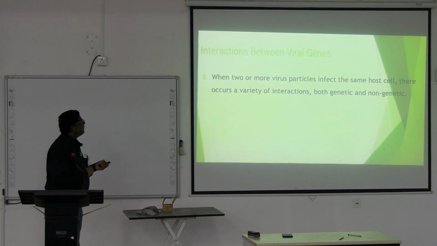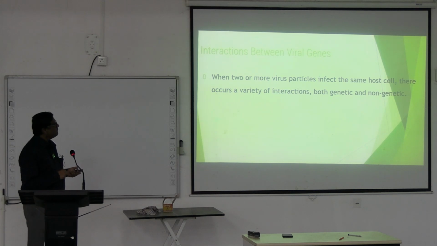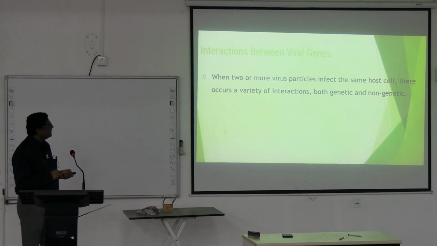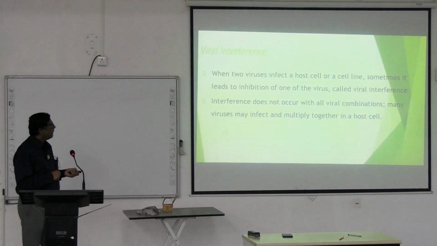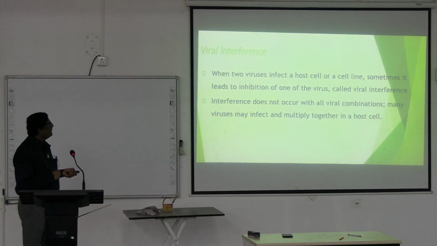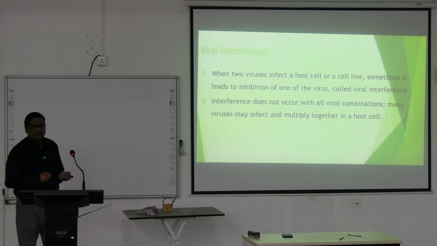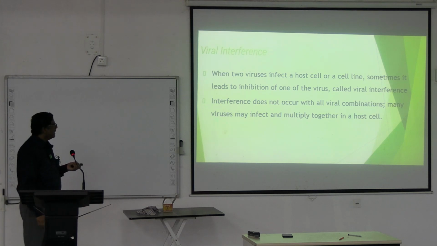So, interactions between viral genes: when two or more virus particles infect the same host cells, that is called viral interactions, genetic and non-genetic. Two concepts: one is viral interference. When two viruses infect a host cell or cell line, it sometimes leads to inhibition of one virus, called viral interference. One particular species of virus can interfere with the growth or replication of other viruses.